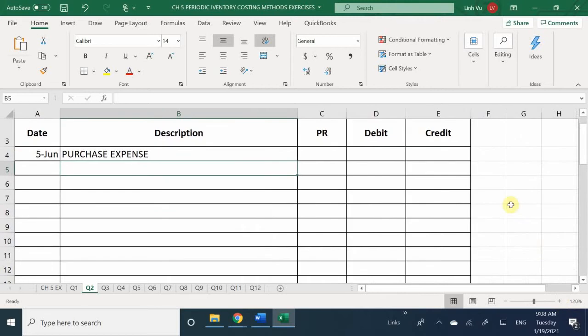Remember, we have to calculate them as two separate costs. And everything assumed that all purchases are made on account, so what is going to be my equal and opposite credit? Accounts payable. Good.